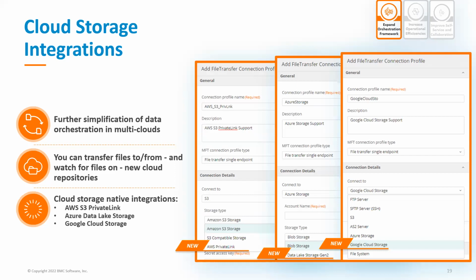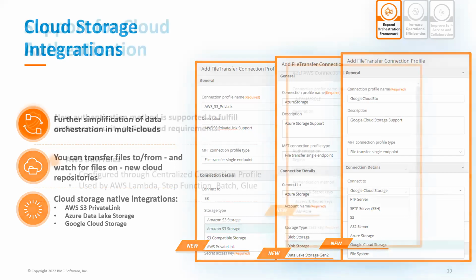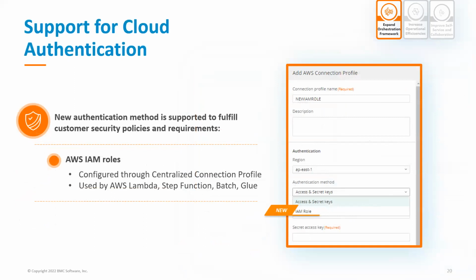You can also watch files on all supported environments as well. On top of that, specifically for AWS, now we are providing something which is called AWS Identity and Access Management, which is called IAM role.